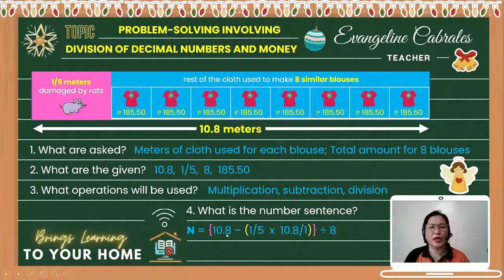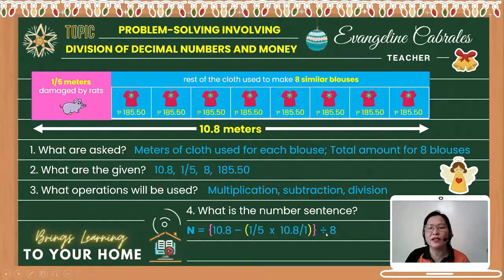Okay. So, ito yung 10.8, yung original na measurement ng tela. Yung 1/5, yun yung nasira ng daga at siya ikukunin natin sa 10.8 o aalamin natin ano yung 1/5 na sinira ng daga. So, we will get 1/5 of 10.8. So, ang gagamitin doon ay multiplication.